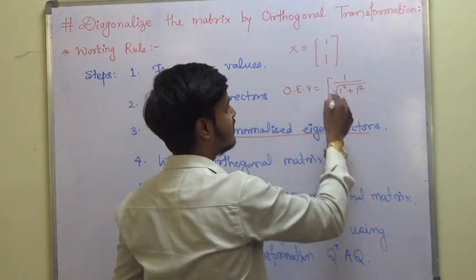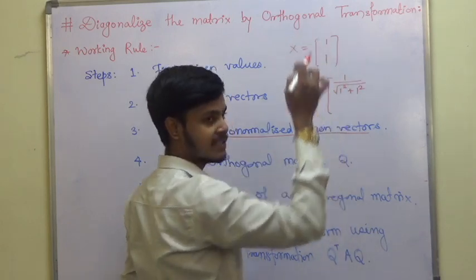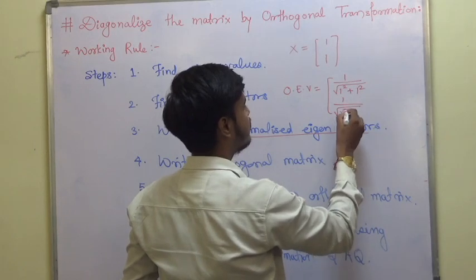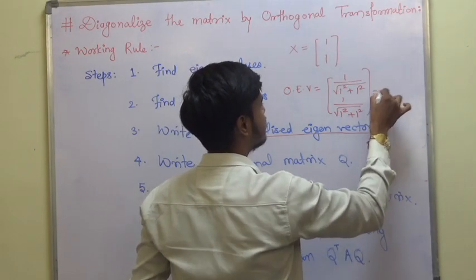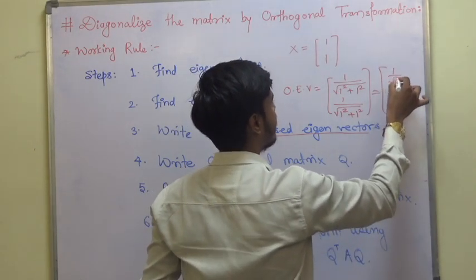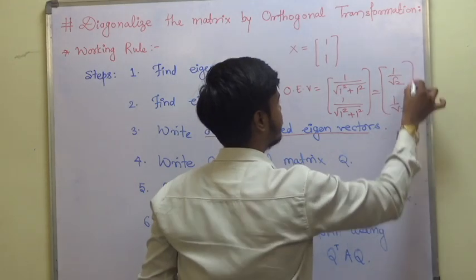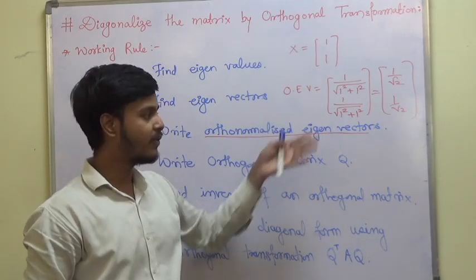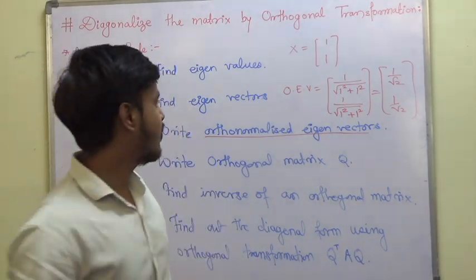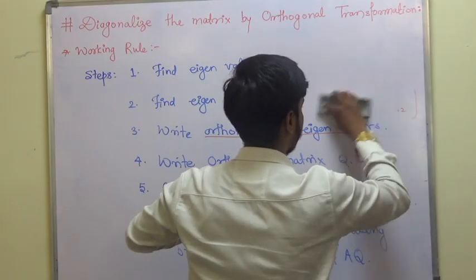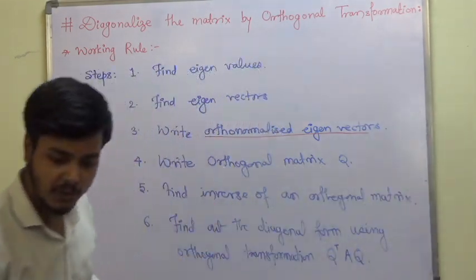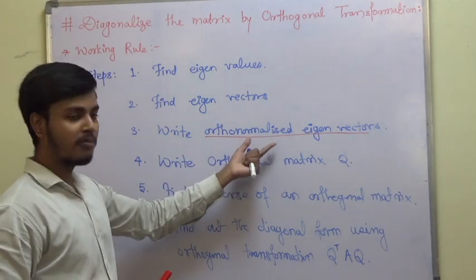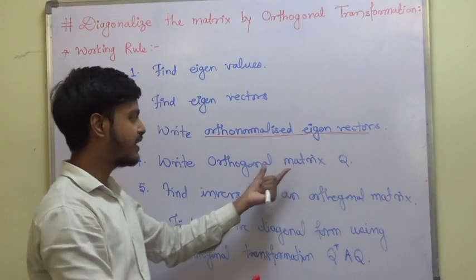So the orthonormalized eigenvector is (1 by root 2, 1 by root 2). If there are 3 elements in the eigenvector, you can find it the same way. Once you orthonormalize the vectors, just place them in a matrix and you'll get the orthogonal matrix.